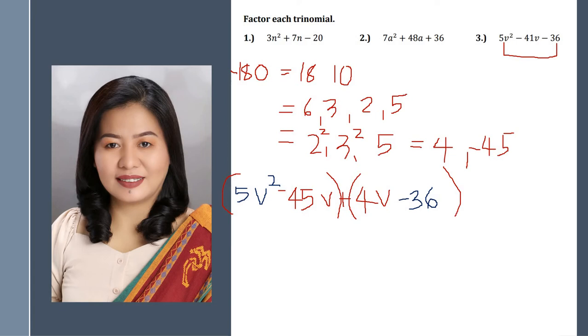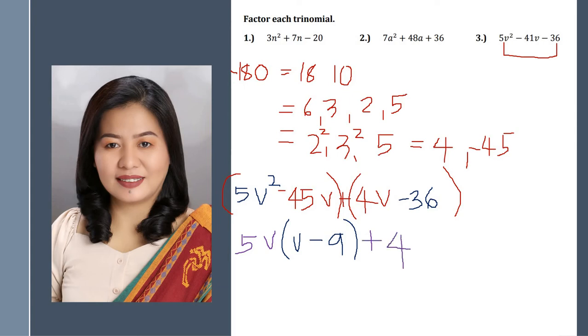For 5v squared and 45v, the common factor is 5v. 5v is the common factor. Then we have v and minus 9. Then plus 4.